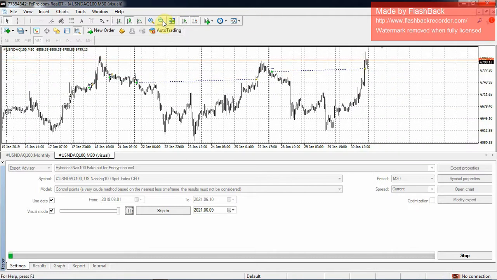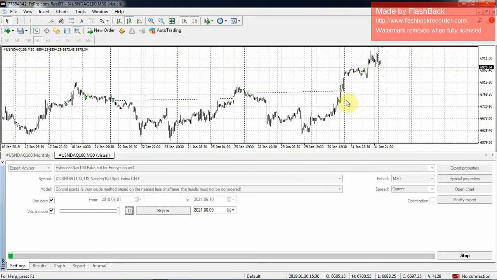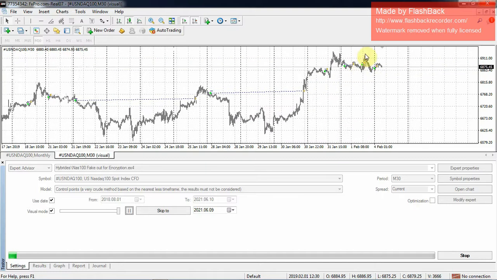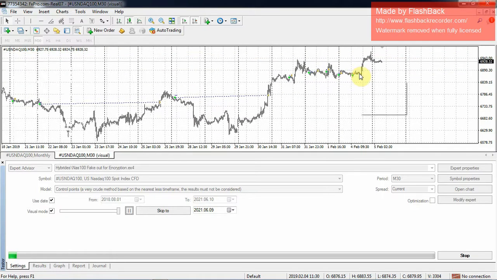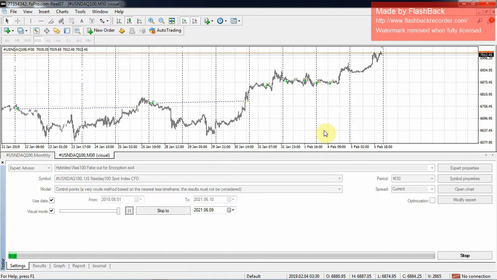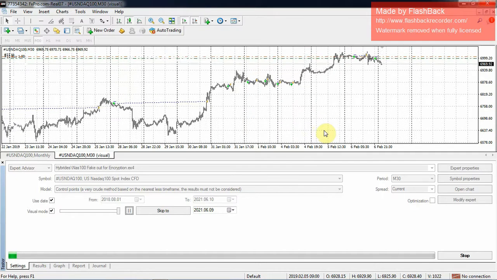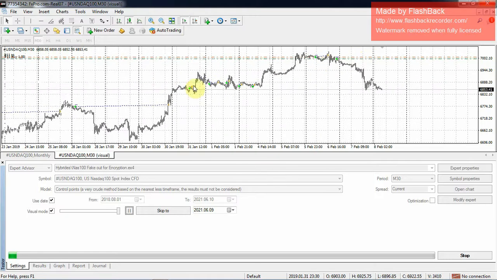As I said, I'll be explaining the pros and cons, the advantages and the disadvantages of this robot. One of the disadvantages is that some trades will take long. It will take 2 days, 3 days, and a lot more days before they hit take profit.